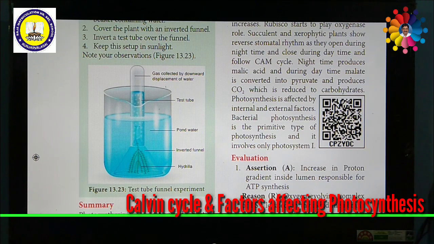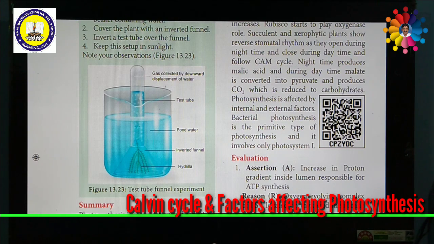All the higher plants release oxygen, so the experiment helps us understand that oxygen is evolved during photosynthesis. But during bacterial photosynthesis, there is no evolution of oxygen. Van Niel discovered that the bacterium releases sulfur instead of oxygen during photosynthesis, and here the electron donor is hydrogen sulfide.